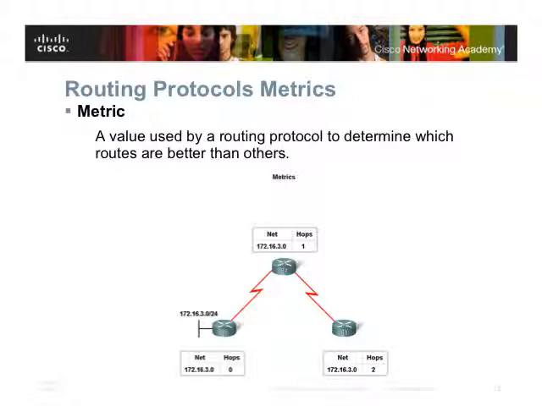But if we use the metric as the number of hops, then simply we deal with all networks equally, regardless of the bandwidth of the link. Maybe this link between R1 and R3 is 4G, and this link is 3G.